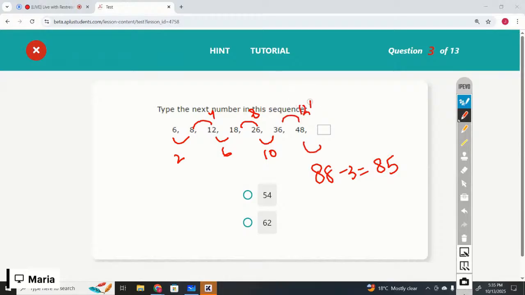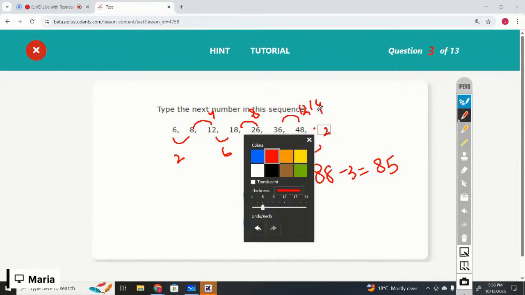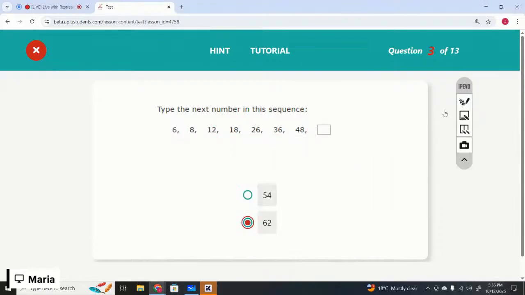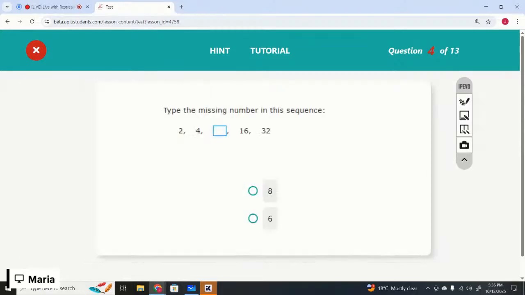The next one you need to add 14. That is 62. The correct option is 62. Option number 2 is the correct option.